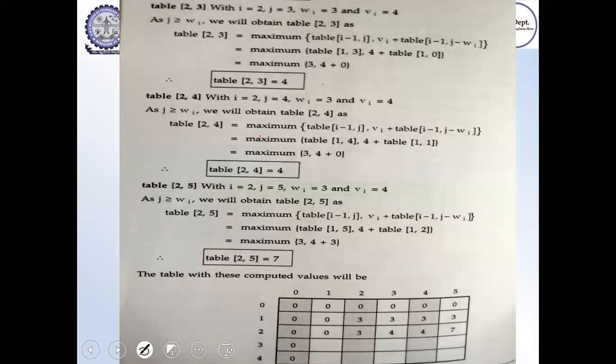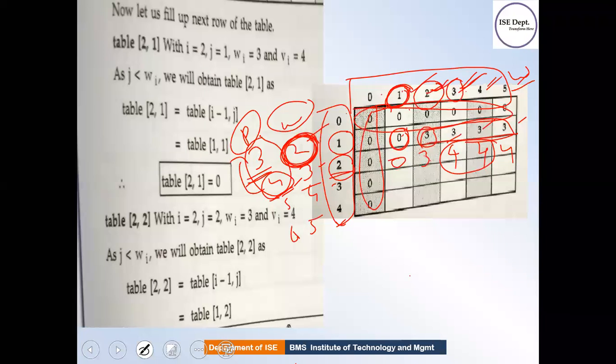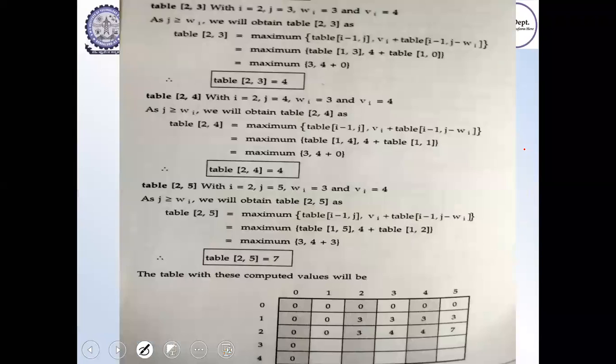I'm talking about the weights, 3 and 2, the addition of these two. If I want to fill both objects 1 and 2, the total weight is 5, correct? So at this 5, I can have both the objects. So what is the profit of both the objects? It is 7. Is it clear now?